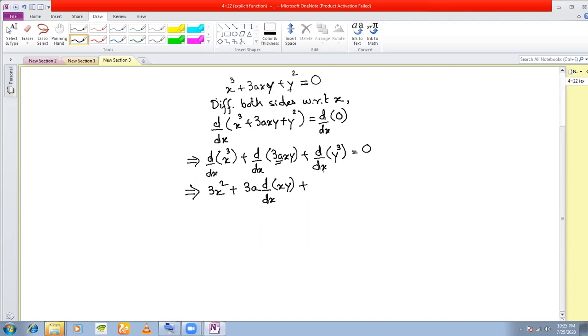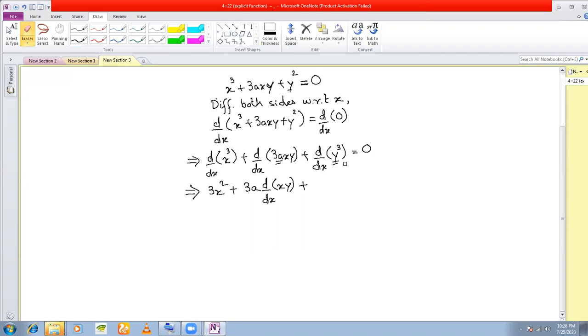Can you tell me what d/dx of y cube is? 3y square. But the question is, how can you differentiate y with respect to x? That is my question.